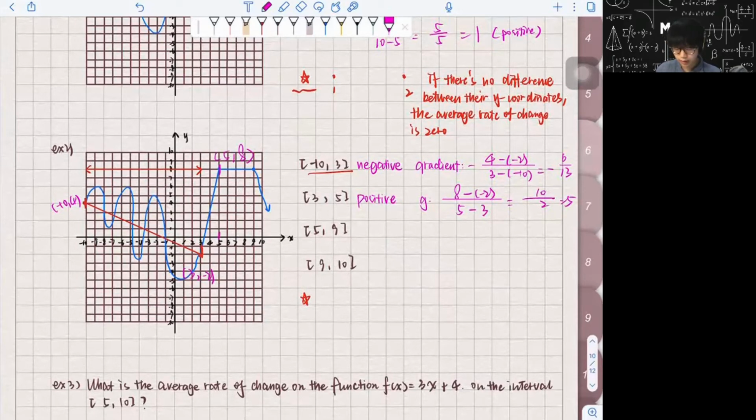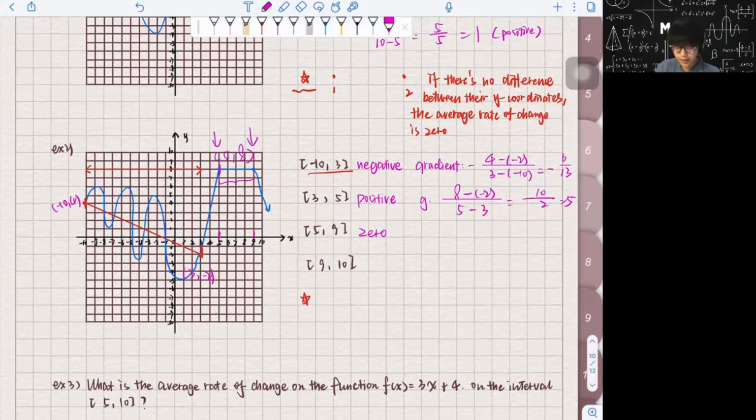And for this interval from 5 to 9, yes, here we are going to use the knowledge we taught before. That is because there is no difference between the y coordinates of these 2 points. So the average rate of change is 0 here in this interval from 5 to 9.